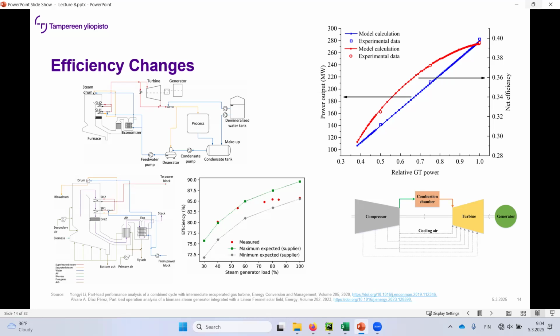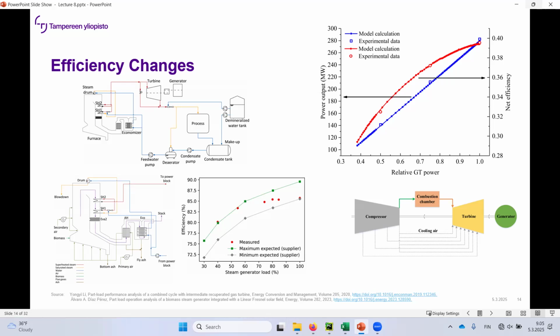So what happens when you decrease the load or go into partial load operation, the efficiency decreases. And you can see it starts from somewhere around 40 and decreases to below 30. So gas turbines have notoriously bad partial load efficiencies. That's not the case, for example, with engine power plants, because you have modules. You can shut down this module, and this module, and the other ones are operating at full capacity.